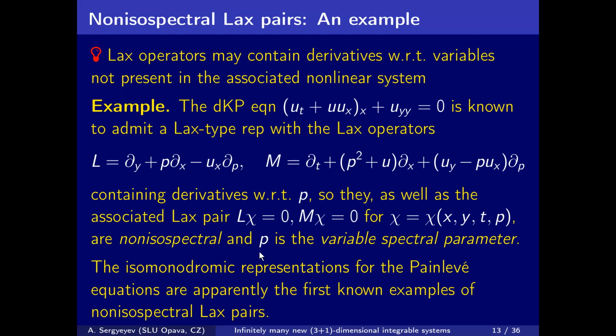And in this setting, if we have just one such variable, which is typically the case, this additional variable, in our case P, is referred to as a variable spectral parameter. Okay, so just to clarify, this Lax pair for DKP is quite well known. It's, I guess, more or less about 40 years old at this point.